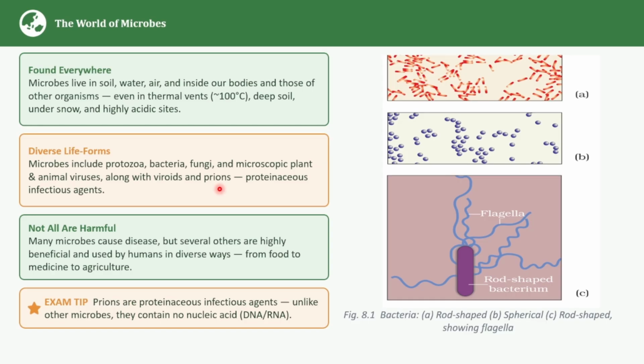These are protein based infectious agents. So when you hear the word microbe, don't imagine only bacteria. If you ask someone nearby, "What is a microbe?", immediately the person will say it is a bacteria. So don't imagine only bacteria. Think of it as a large world containing many different kinds of microscopic organisms and agents.